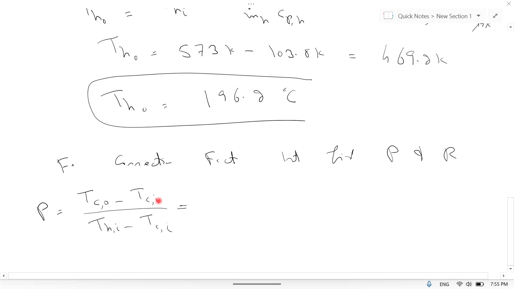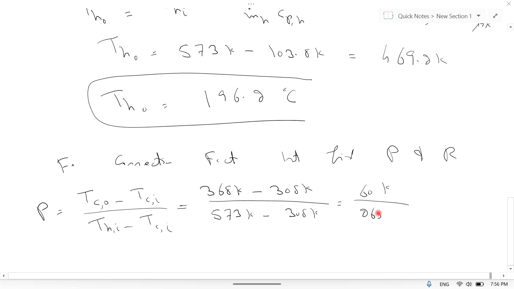So the temperature of cold water outlet in this case is 368 Kelvin minus the temperature of cold water inlet, 308 Kelvin, divided by the temperature of hot water inlet, 573 Kelvin, minus 308 Kelvin. So 368 minus 308 Kelvin divided by 573 minus 308, which is 265 Kelvin.